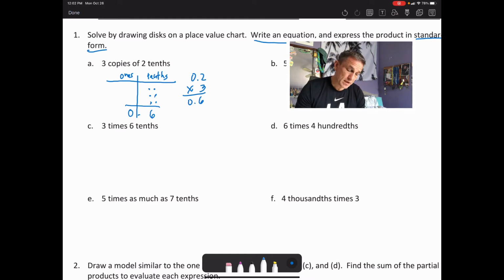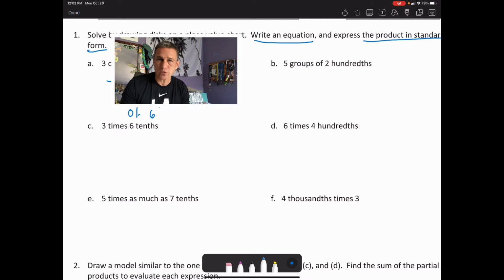So if I go to B, it says 5 groups of 2/100ths. And if you'll notice on this assignment, they're expressing different ways we can say multiplication. Like the first one said 3 copies of 2/10. This one says 5 groups of 2/100ths. So we're going to go ahead and make our place value chart.